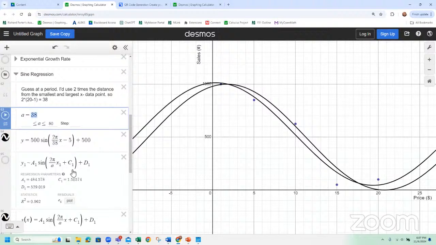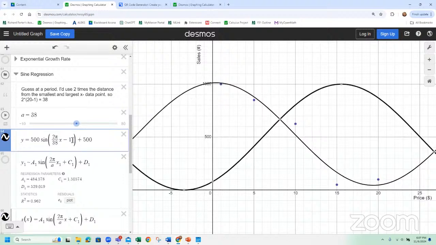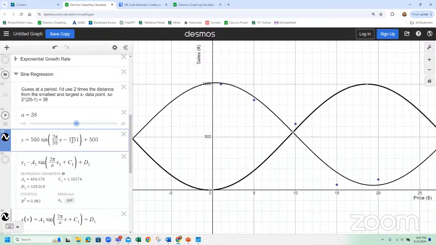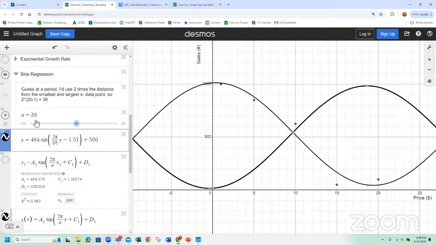C is 1.51. Really, 1.51? That doesn't seem like it would give the same graph at all. 2 pi over 38. Let's change this to 44. And then d is plus 529.